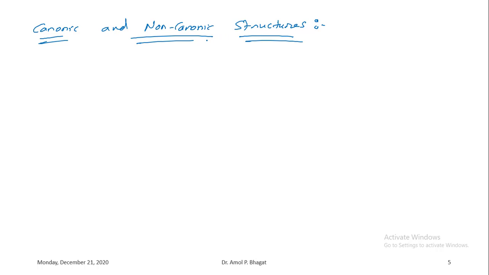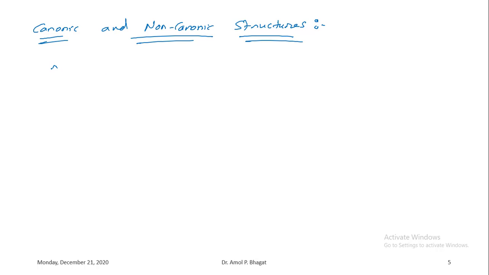So if the number of delays in the realization block diagram is equal to the order of the difference equation or the order of the transfer function of the digital system, then the realization structure is called canonic, otherwise it will be called non-canonic.